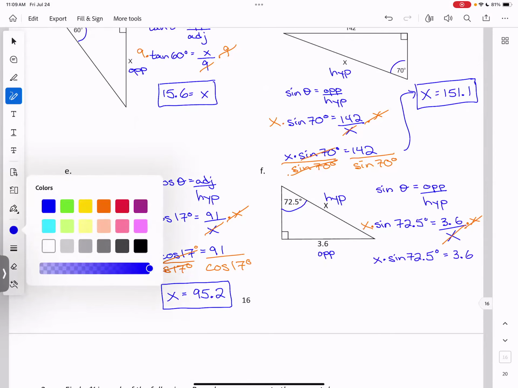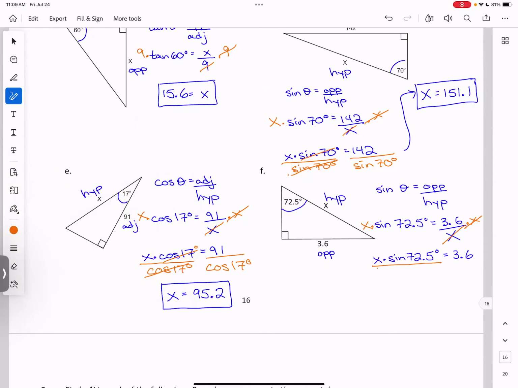So now let's divide both sides by sine 72.5 degrees. Okay, so x is going to be 3.6 divided by sine 72.5. And out to one decimal place, that gives me 3.8. And that makes sense because I expect my hypotenuse to be longer than my 3.6, which was my opposite side.